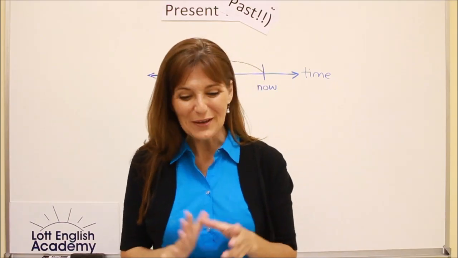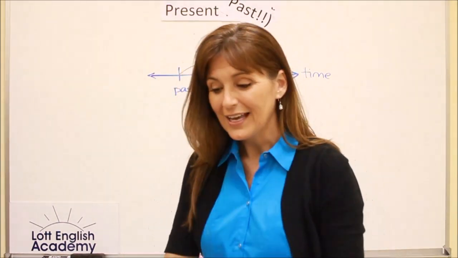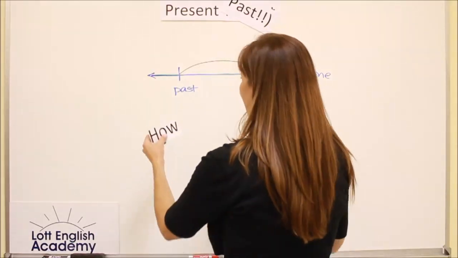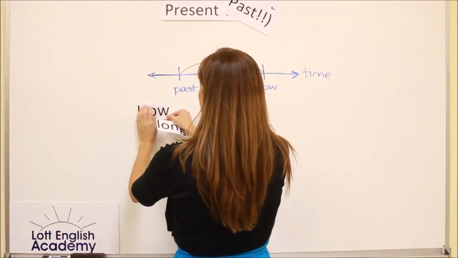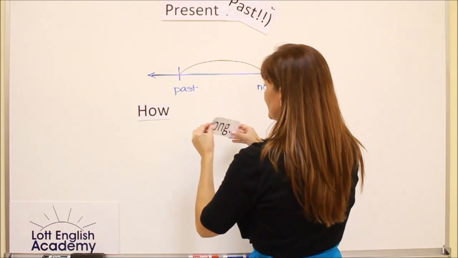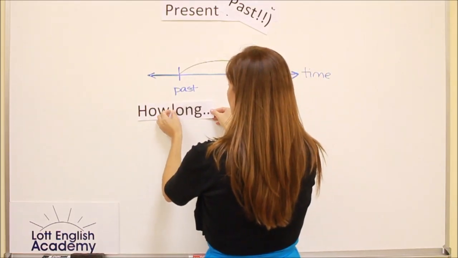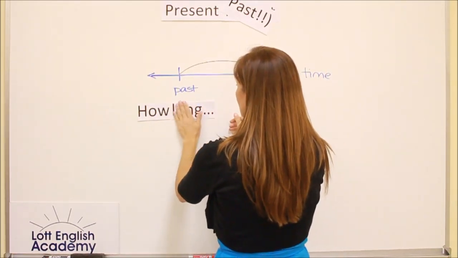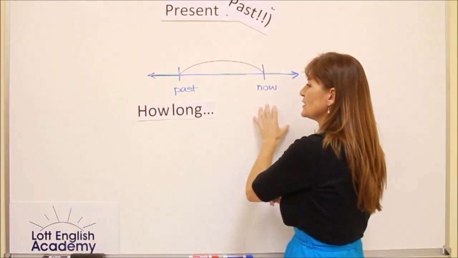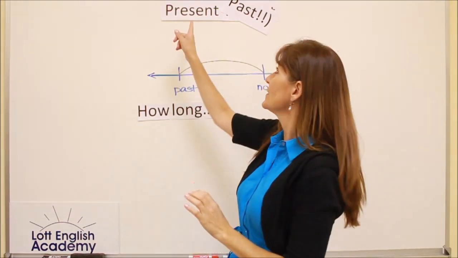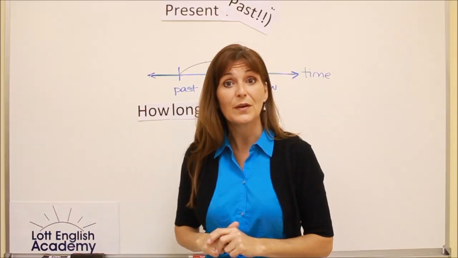Today we're going to talk about this verb tense using, as I said before, how long. When we make a question with how long, the next part of the sentence uses this grammar for the present perfect.